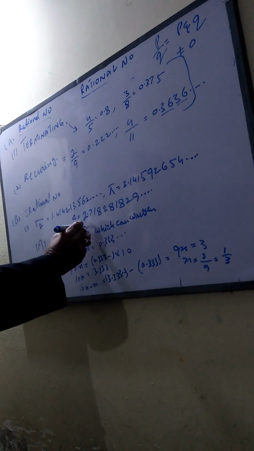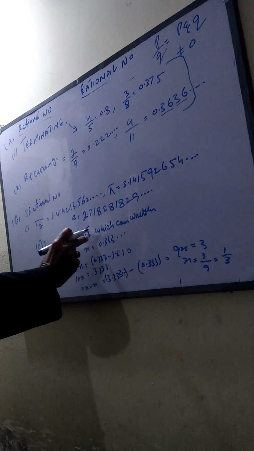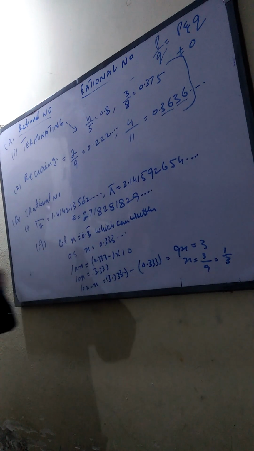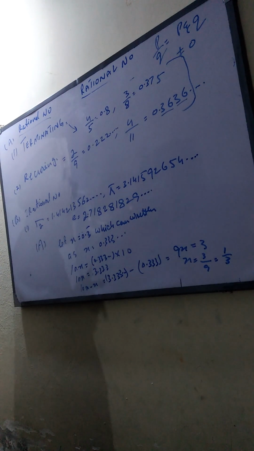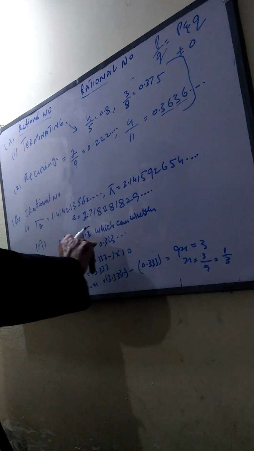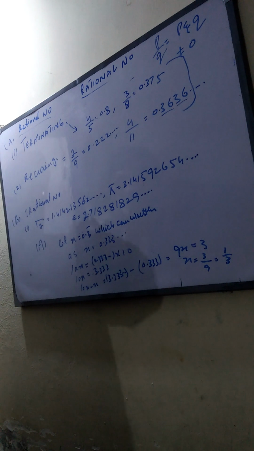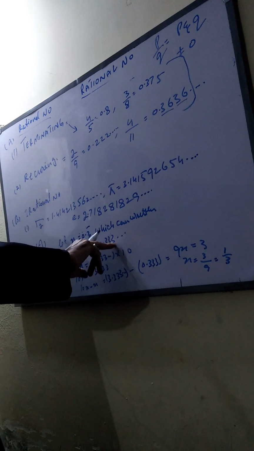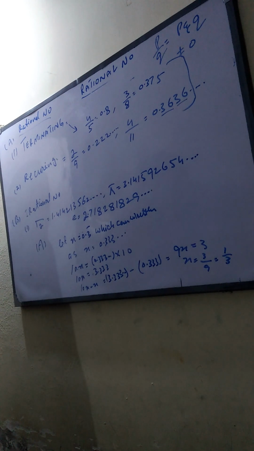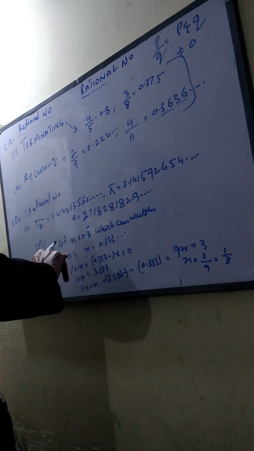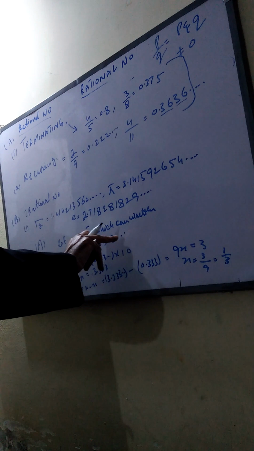Its bar shows that the 3 is repeating. It is 0.333. So we suppose x is equal to 0.333.